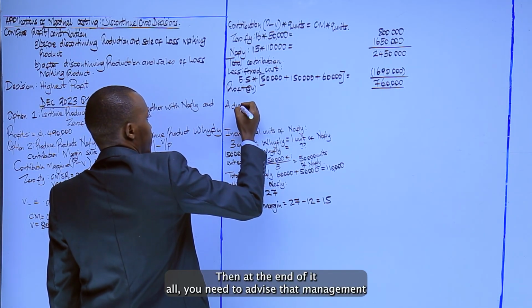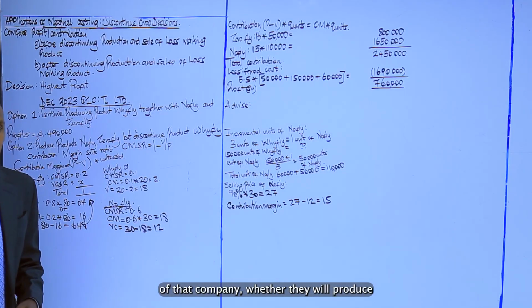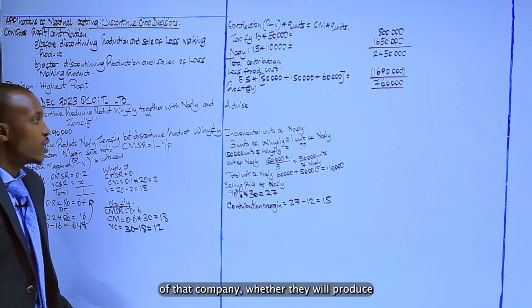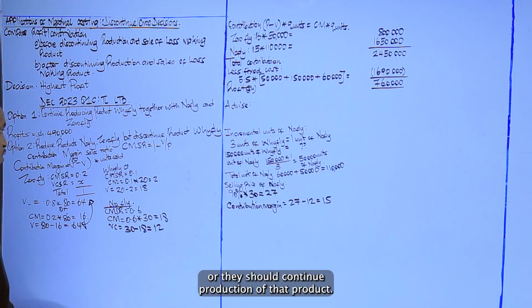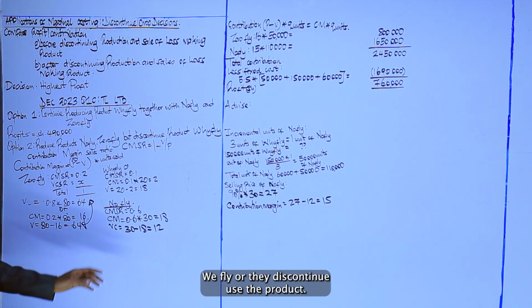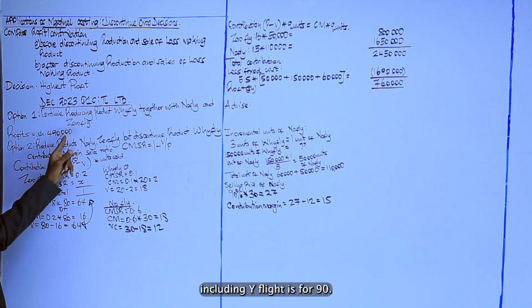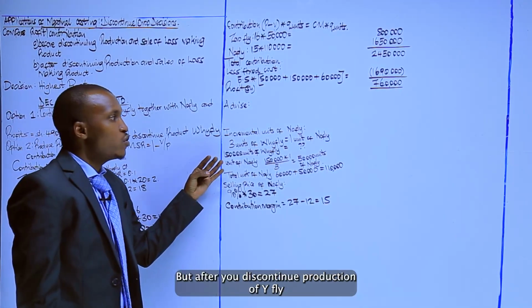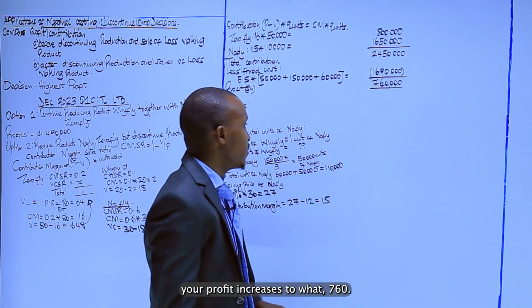Then at the end of it all, you need to advise the management of that company whether they should continue production of product Y Fly or discontinue it. The profit when you produce your 3 products including Y Fly is 490, but after you discontinue production of Y Fly, your profit increases to 760.